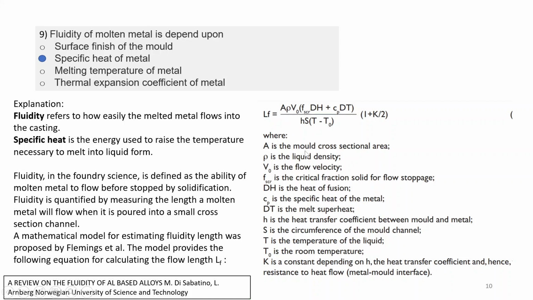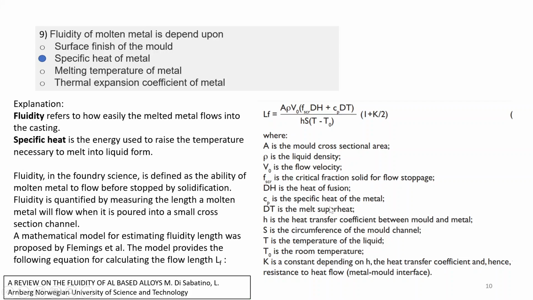A is your mold cross section area, rho is your liquid density, V naught is the flow velocity, FSCR is the critical fraction solid for flow stoppage, DH is heat of fusion, Cp is specific heat of metal, and dT is the melt superheat.